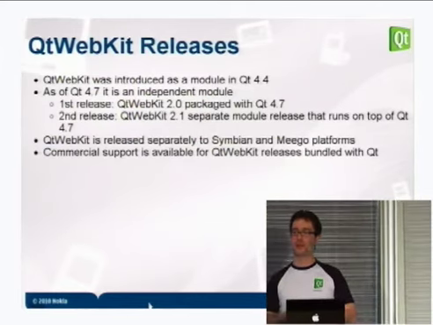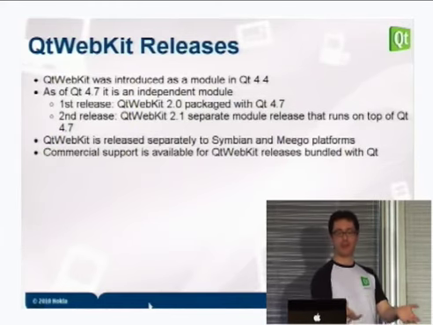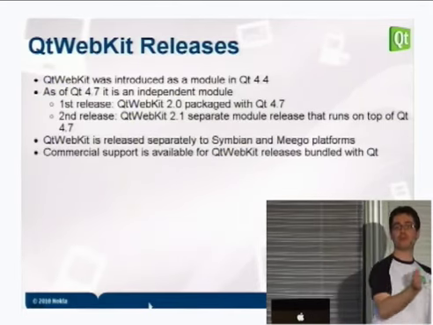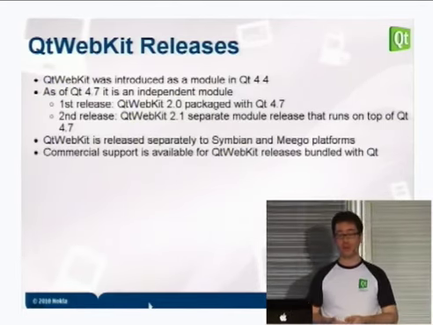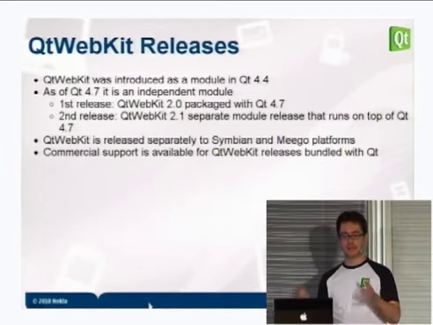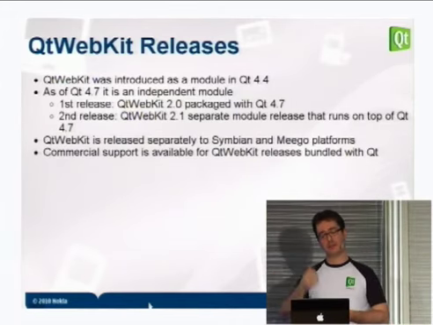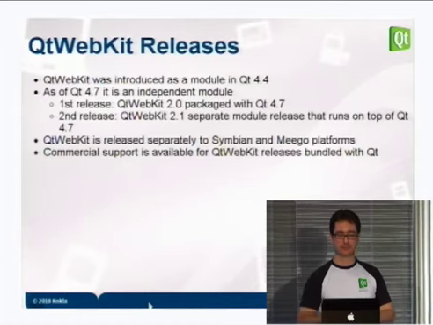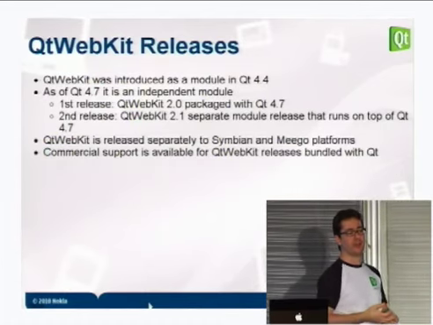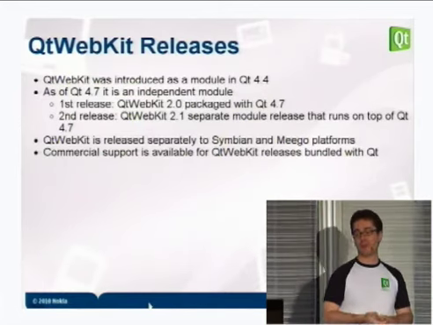We are currently working on Qt WebKit 2.1, which we're going to make available independently of Qt. So you don't have to wait until Qt 4.8 is out, but you can get it earlier. In fact, we are also releasing this to the Nokia Symbian and MeeGo platforms independently. And if you're using Linux as your development platform, you may have noticed that some of the Linux distributions also have started packaging WebKit separately.